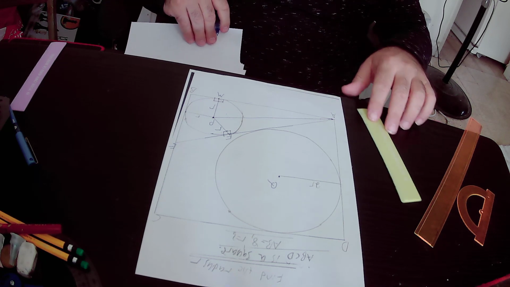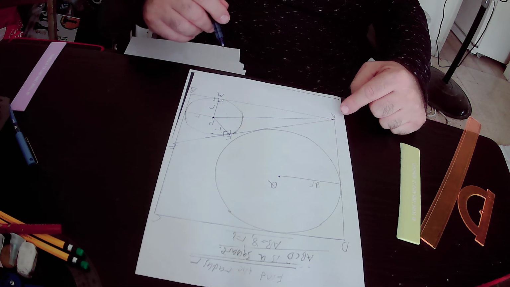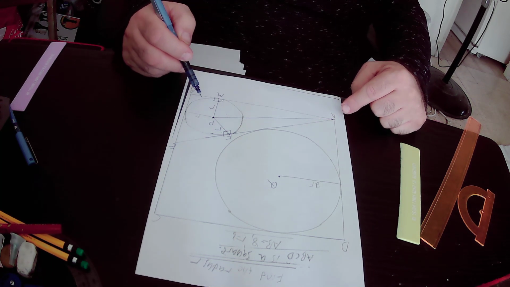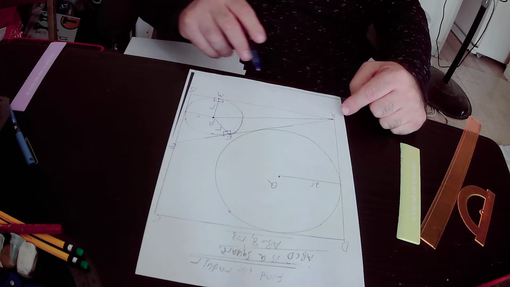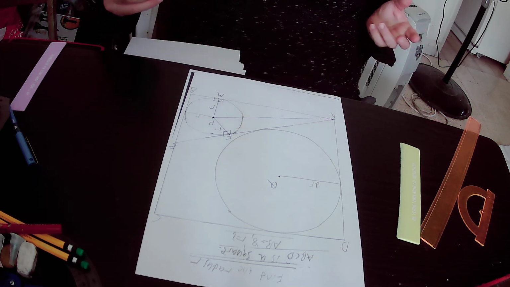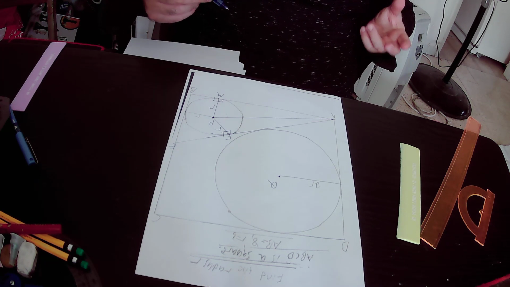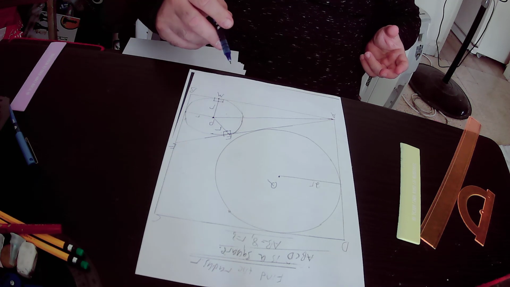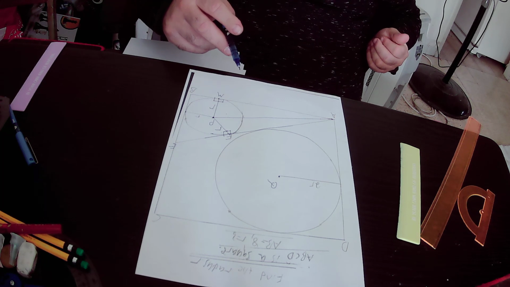Because we have here point A, that is an external point to the small circle, and from point A we have two tangents to the small circle, tangent AM and tangent AF. According to rule number 2, if from one external point you draw two tangents to a circle, then they will be of the same length.